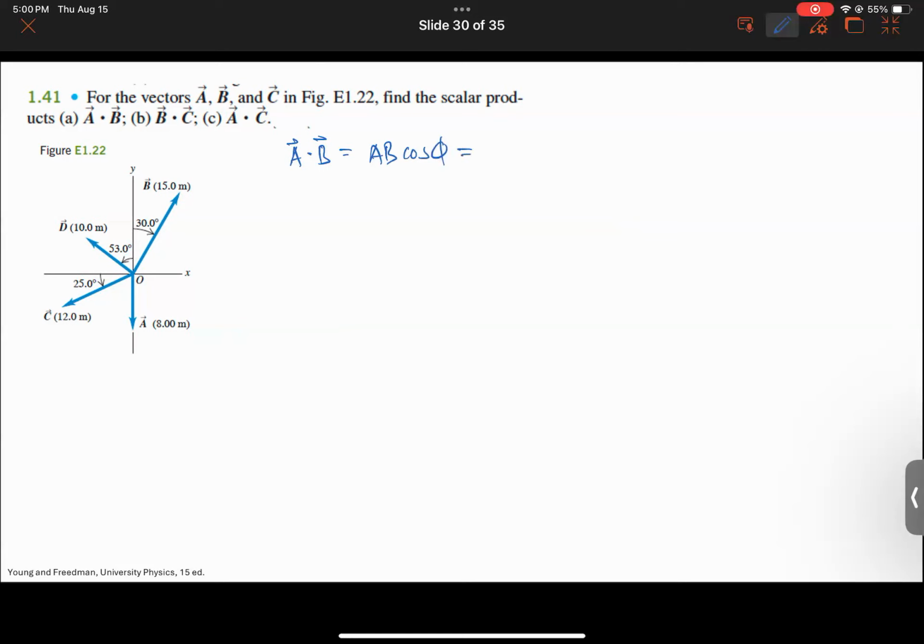Magnitude ng A is 8 meters. Magnitude ng B is 15 meters. And angle between them, so ito yung angle between them. This is 90 plus 60, so that's 150. So it's cosine of 150 degrees. This gives us negative 104 meters.